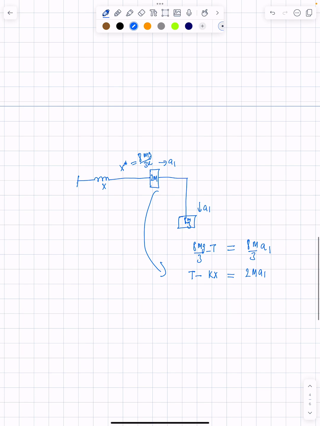And then we can just add them, and we'll get 14m over 3 a1 equals 8 mg over 3 minus kx. So it means a1 is 3 over 14m times that. So okay, let me just do it.